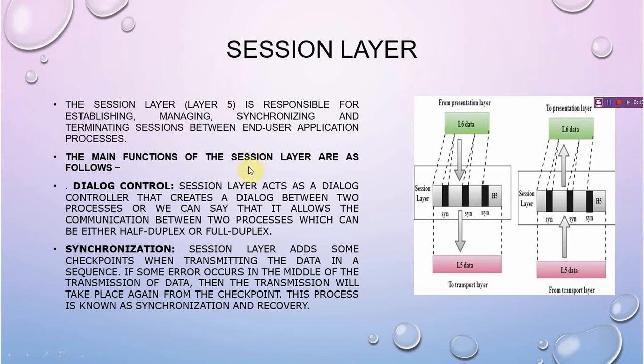The main functions of the session layer are, first, dialog control. The session layer acts as a dialog controller that creates a dialog between two processes. Means it creates a connection, or we can say it allows communication between two processes of two devices, which can be either half duplex or full duplex.